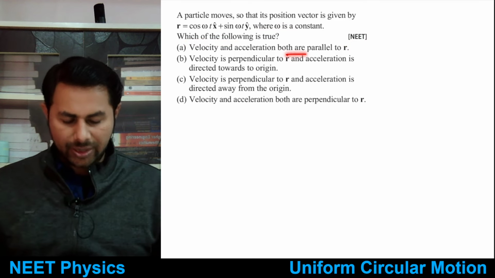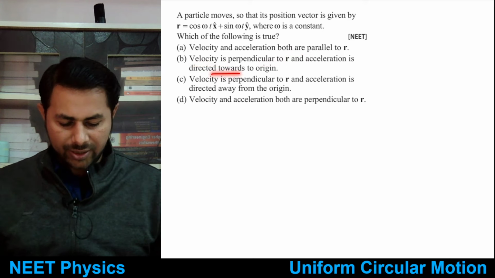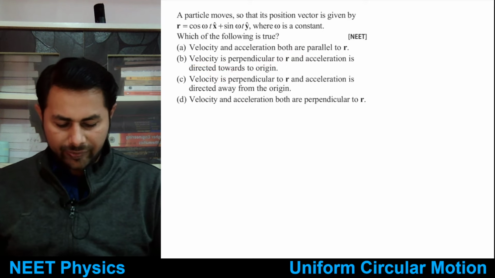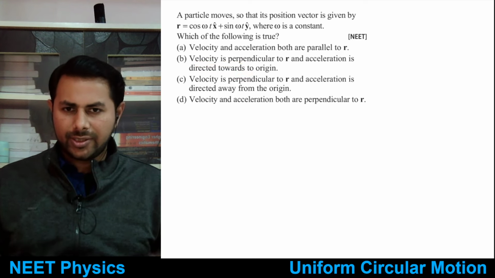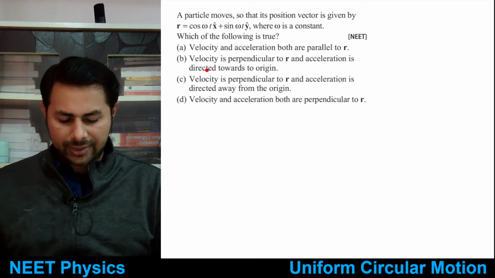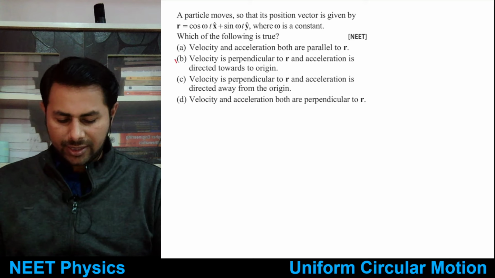Velocity and acceleration both are parallel to r bar. Or, velocity is perpendicular to r bar and acceleration is directed towards the origin. Origin means towards the center. Is this one correct?